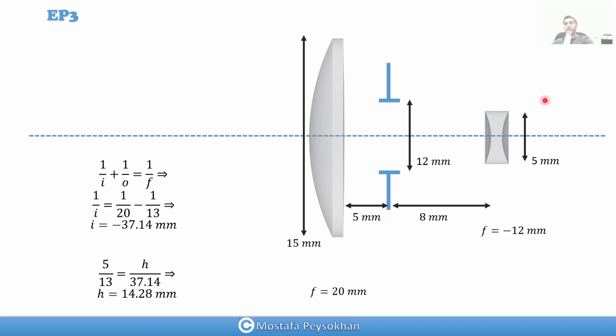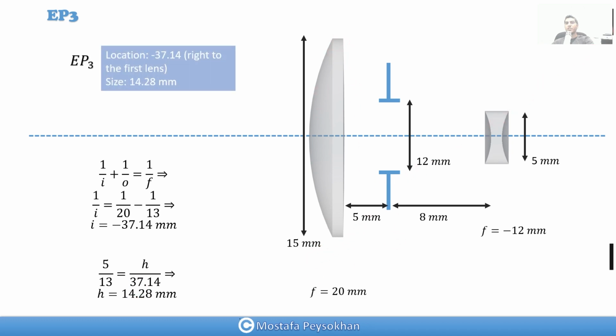So the image is very far in this direction, negative, and the height is 5 over 13 equal to height over 37.14. The height is 14.28, so it's close to 15. So that's entrance pupil 3, somewhere there.